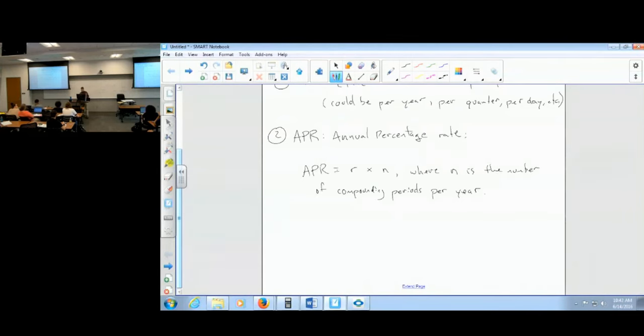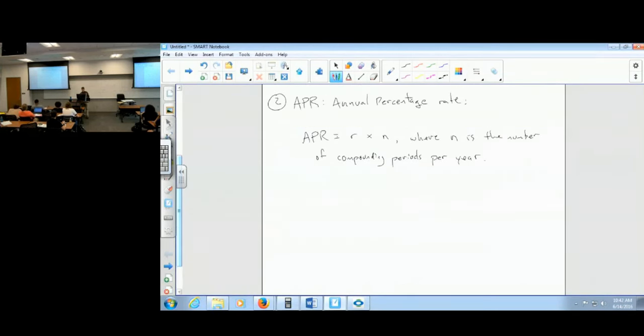So this rate, the APR, does not include the effects of compounding. And so it is understated if there is more than one compounding period per year.